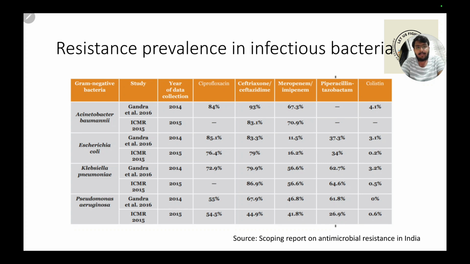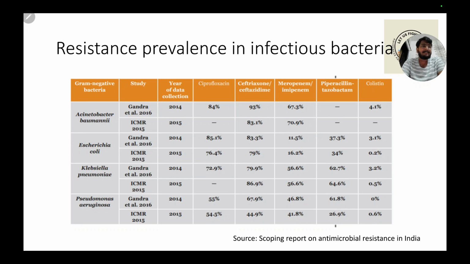Acinetobacter baumannii is a bacteria which is responsible for causing hospital-acquired infections. It is normally the notorious one which leads to blood-based infections, urinary tract infections, or even wound infections. When a patient is hospitalized, they may acquire this infection from the hospital.